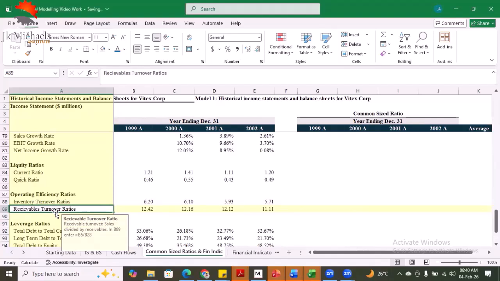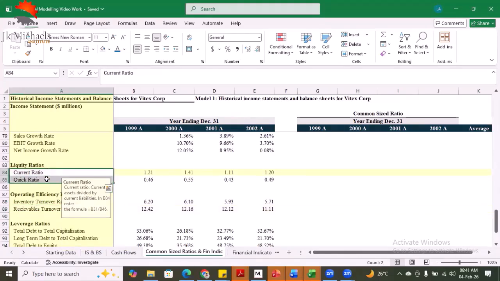It's how many times we close out our receivable accounts when goods are converted into receivables after sales.